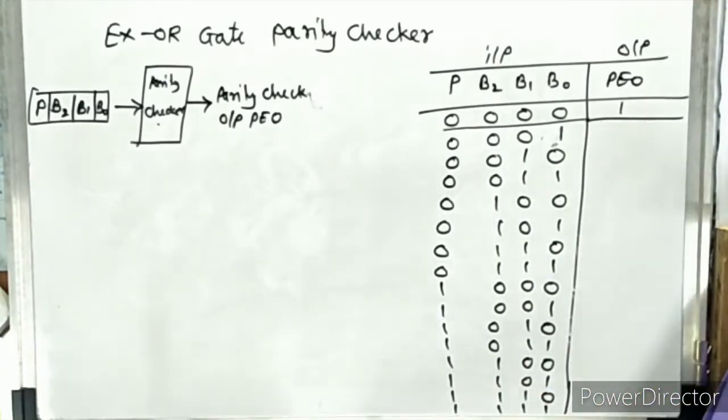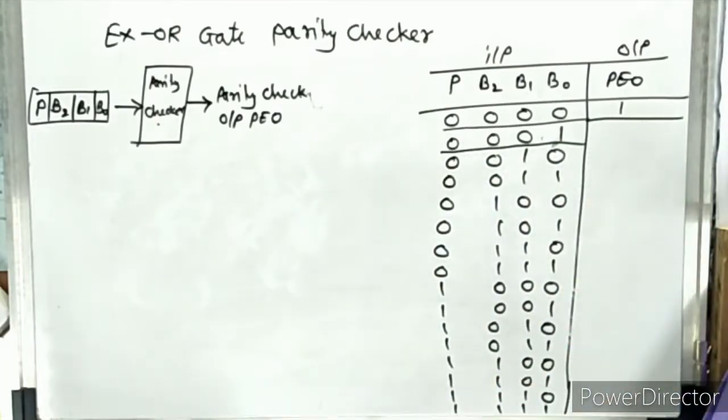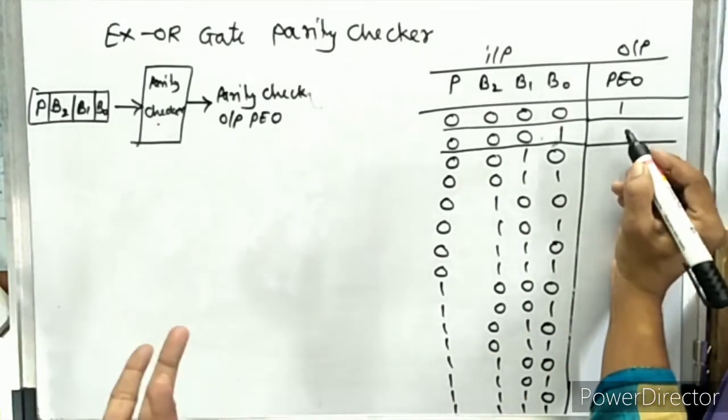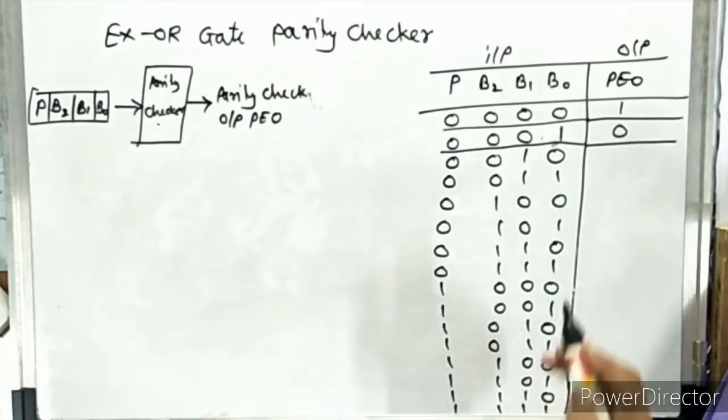So it will show the output 1, that means here is the error. Then if the next input is checked by this parity checker, the number of ones is odd, so it is odd parity, there is no error, so it will generate 0.